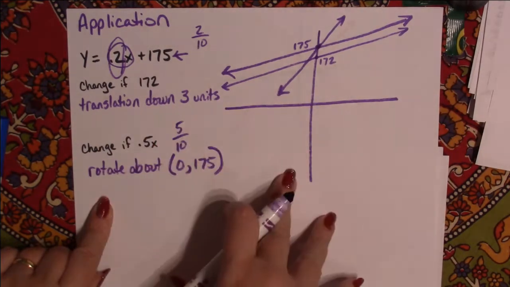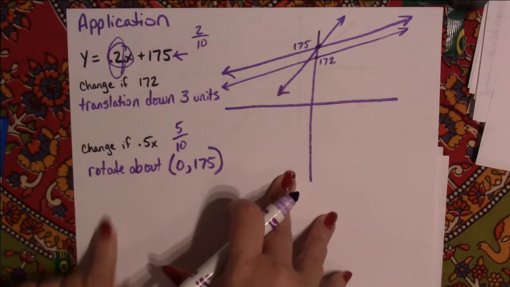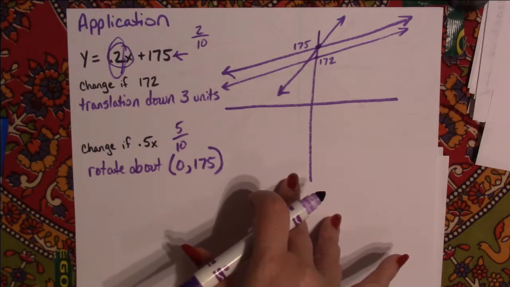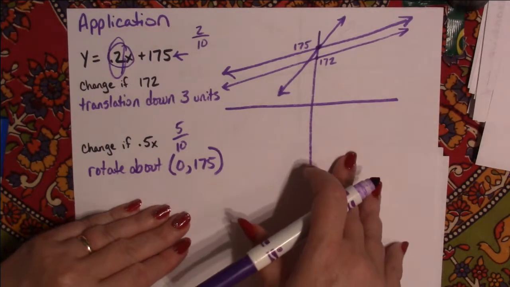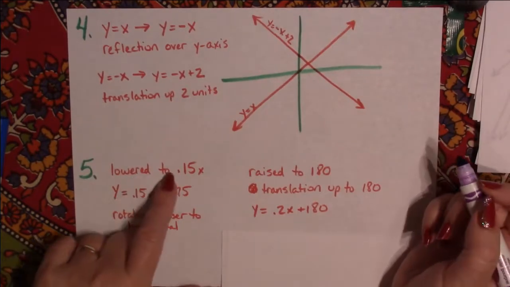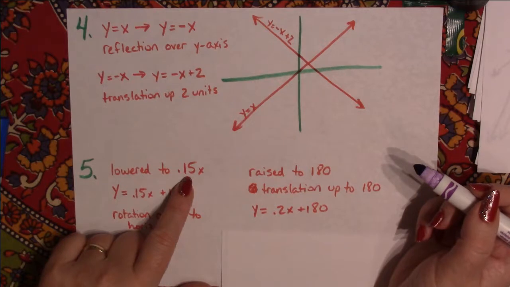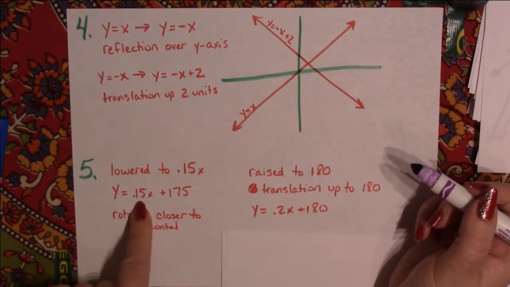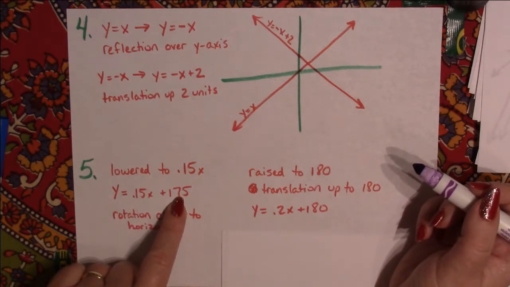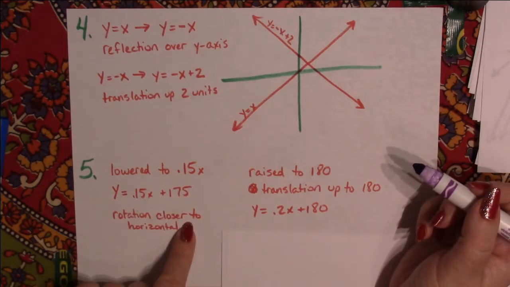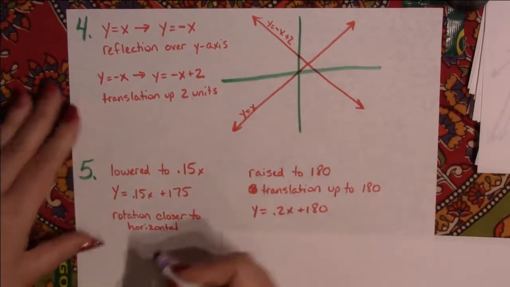You have a similar set of questions on Check It Out number 5 on page 372. Give it a try and come back when you're done. Number 5, what happens if we lower the letter to 0.15x? Well, that's going to change our slope, but not affect our basic rate for the trophy. So that's going to be a rotation that's closer to the horizontal.